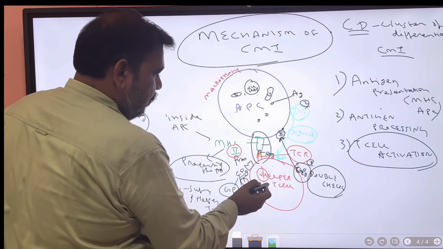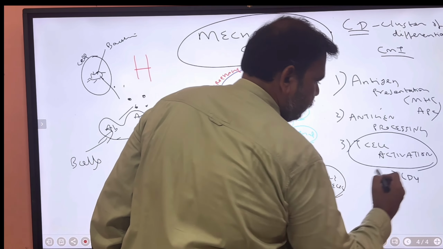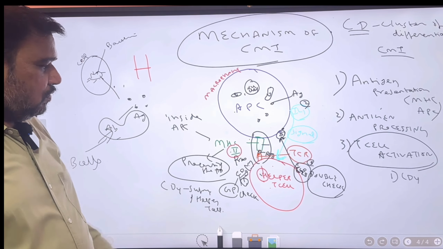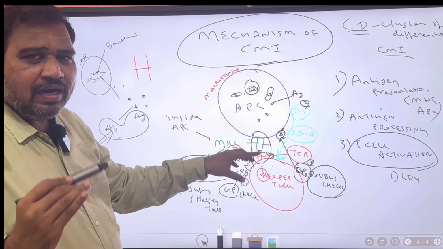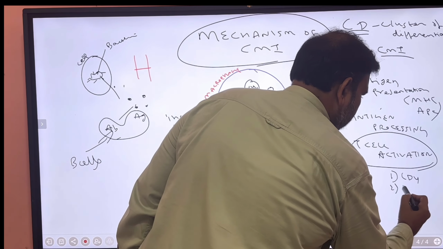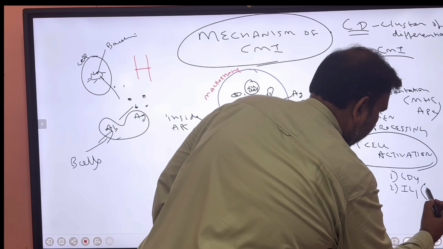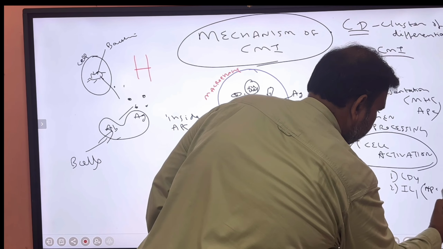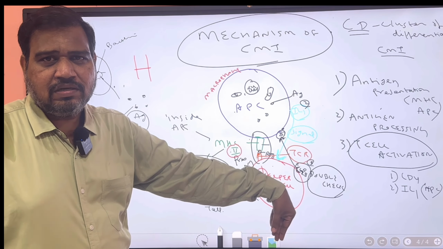Okay. Now for T cell activation, first thing is CD4, which is checking whether this MHC is coming with antigen or not, or whether the antigen is free or coming with MHC. Second one, please note it down, is interleukin 1 coming from macrophage or APC. Interleukin 1 is secreted from APC, antigen presenting cell.